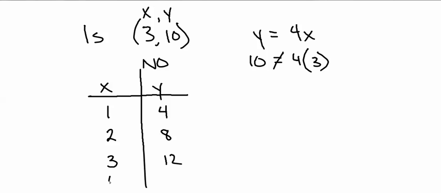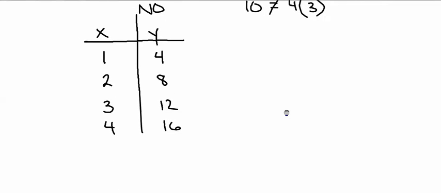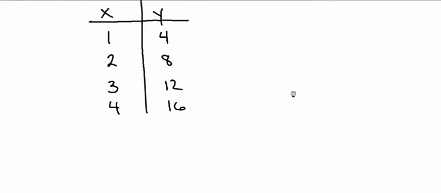And when x is 4, what is y? Do you see the pattern? What are you doing to the x's every time? The x's are going up, but what are you doing to them? Multiplying them by 4, because this says y equals 4 times x. So if x was n, what would y be equal to? 4n, right?